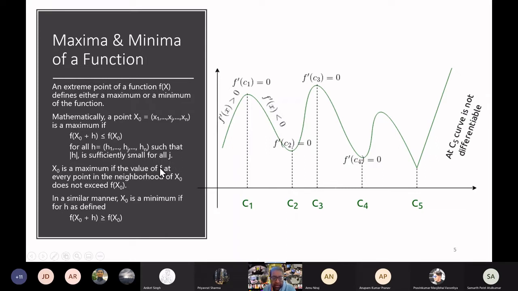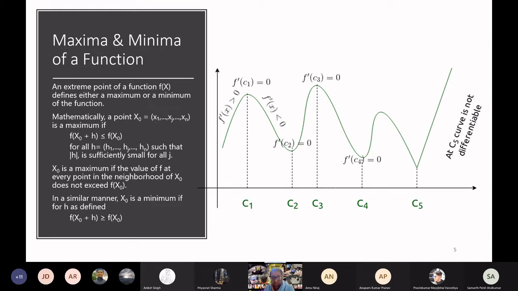Most of us have read about this in our pre-university school days. In most of our school literature, we mostly discussed up to second degree polynomials and single variable functions, like y equal to f(x), where the highest degree of x happens to be x squared.